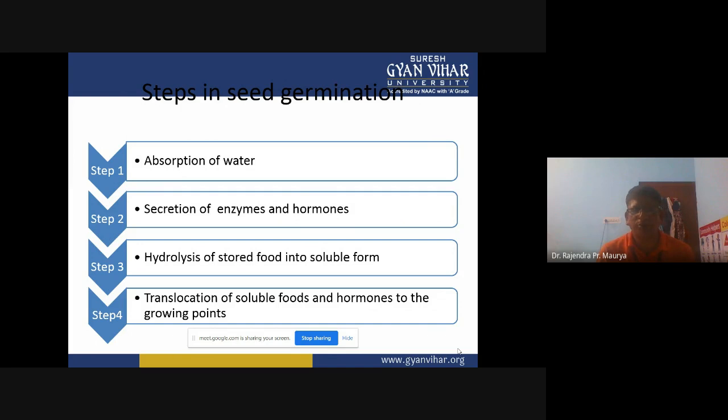After absorption of water, seeds will secrete the enzymes and hormones that will be helpful in germination. Step three, hydrolysis of stored food into soluble form, and after that step four, translocation of soluble foods and hormones to the growing points.